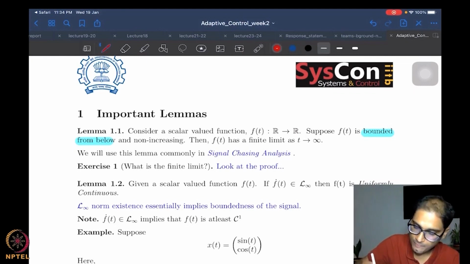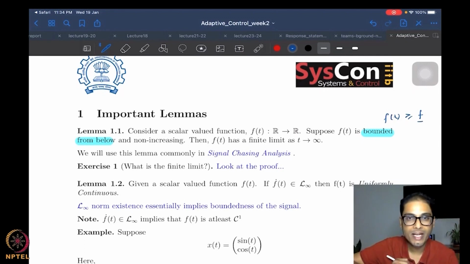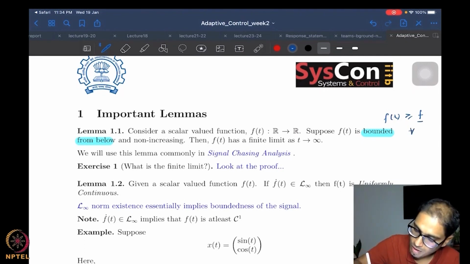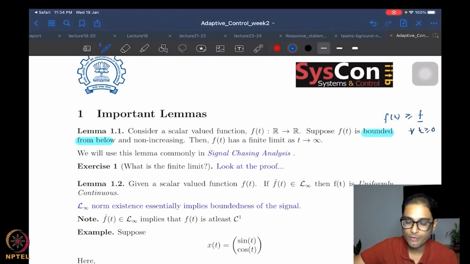It means that the function f of t is greater than or equal to some constant, let me denote it by f underbar, for all time t greater than 0. There has to exist such an f underbar.